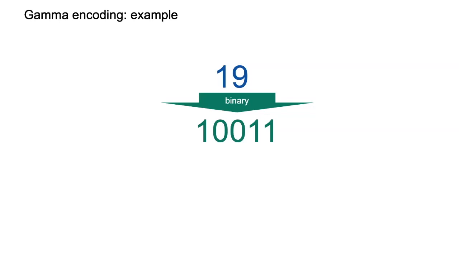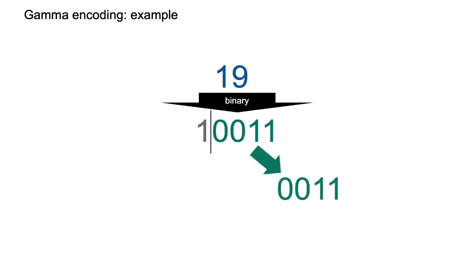It's like saying that if you write a number in base 10, you don't start with a 0. You start with a 1 or a 9 or anything between 1 and 9, but not with a 0. So you could argue that, knowing that it's not going to be 0, I can remove the first one, because it's redundant information. I know it's going to start with a 1 anyway. So I just pick the 0, 0, 1, 1 here, and that's going to be part of my encoding.